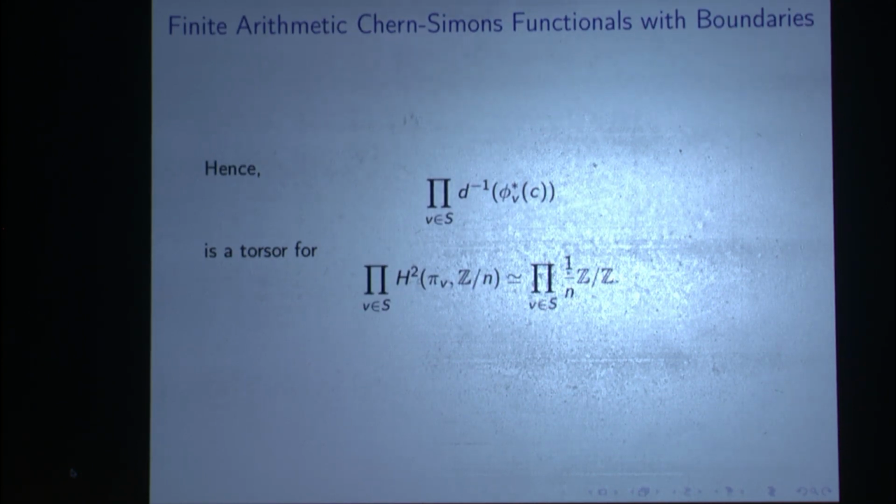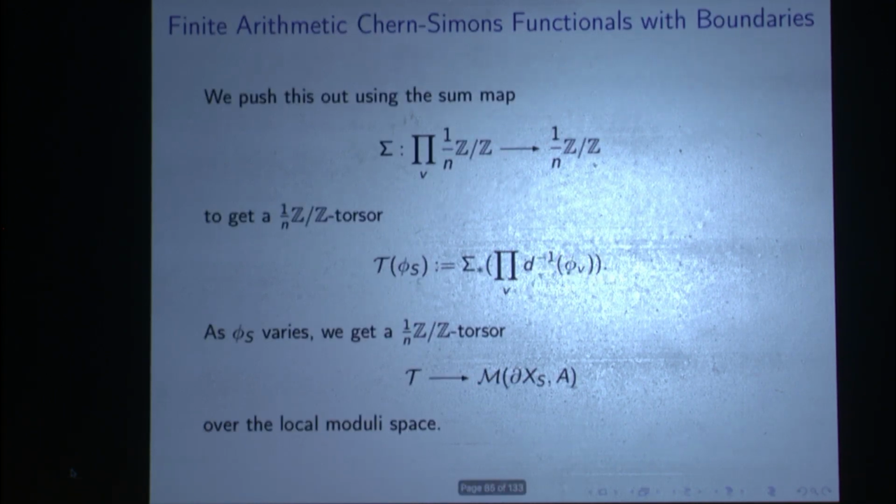If you take the product over all v, you get a torsor for the product of 1/n Z mod Z. Now you can use the sum map to push this out to get a single 1/n Z mod Z torsor over the space of local representations. That's kind of the analog of these line bundles that occur in Chern-Simons theory.